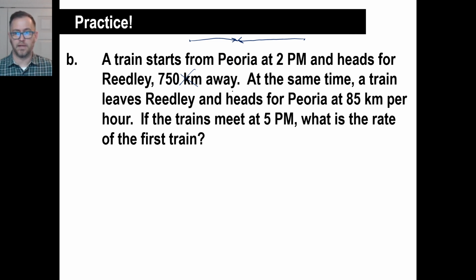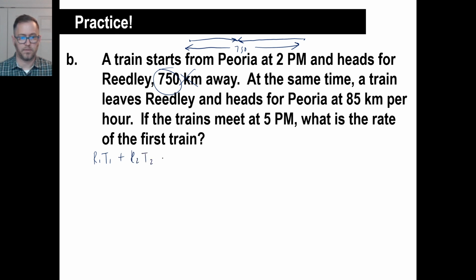Okay, so they meet. Well, if they're 750 miles away, that means the two distances are going to equal 750 miles. You know how to write that. We'll just call them train 1 and train 2. So the distance of train 1, r sub 1, t sub 1, plus the distance of train 2 equals 750.